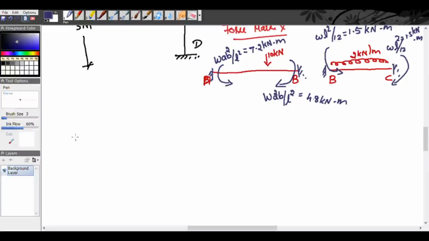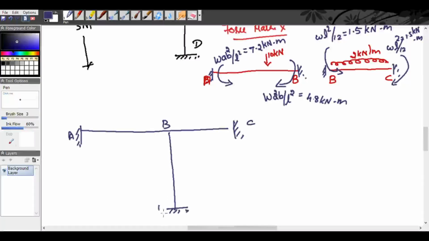Now we will find the equivalent joint loads. Forming the equivalent joint loads at A, B, C and D, we have the equivalent joint loads in the opposite directions, right?